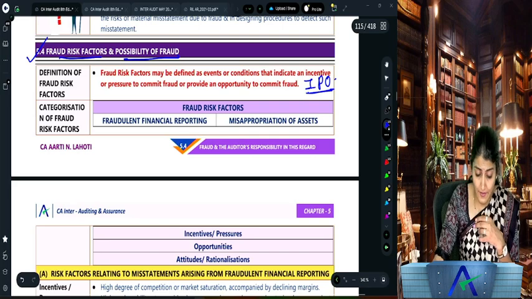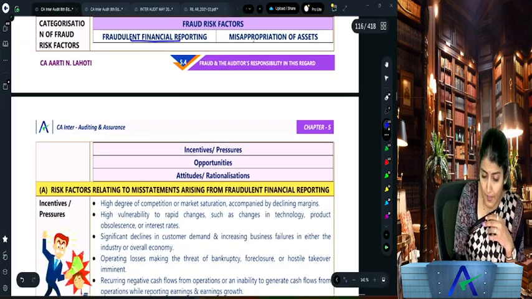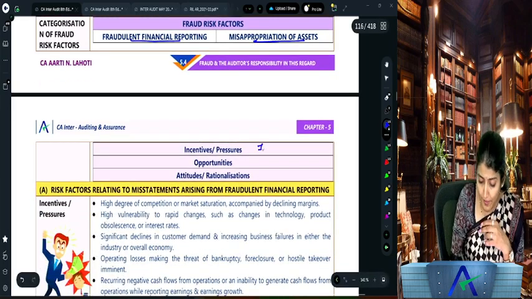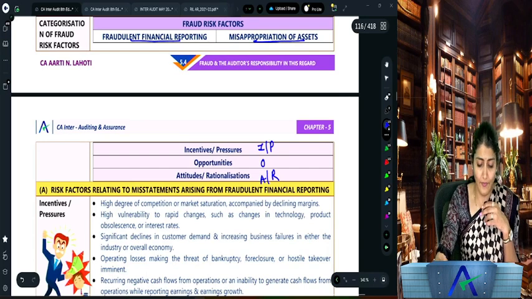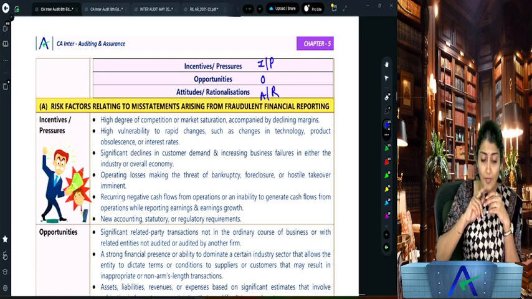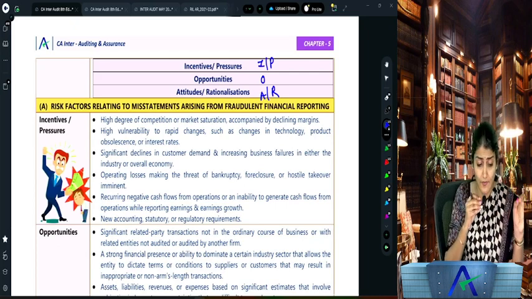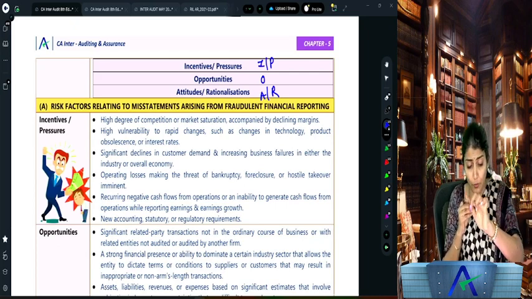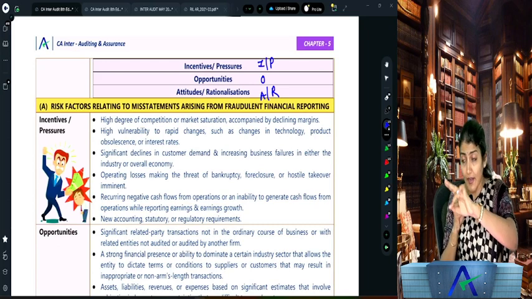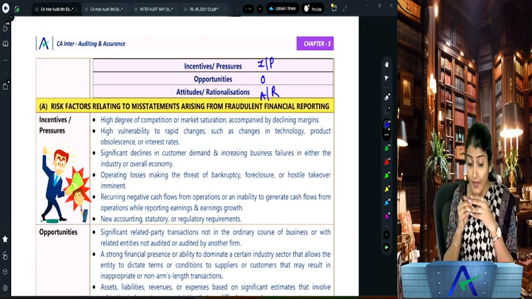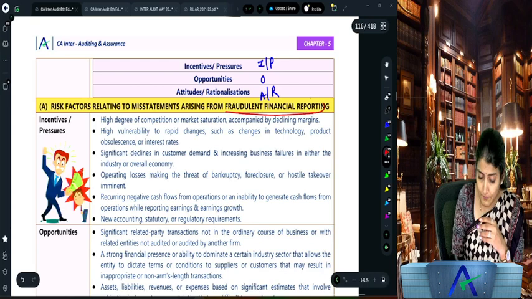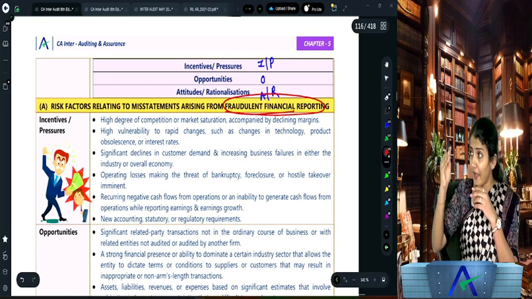And this is divided under FFR and MOA, and under each of them you have incentive, pressure, opportunities, and the attitudes and rationalization. Are you reading it? Risk factors relating to misstatement arising from fraudulent financial reporting.